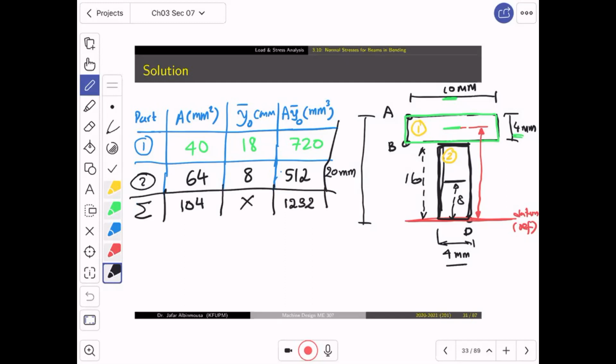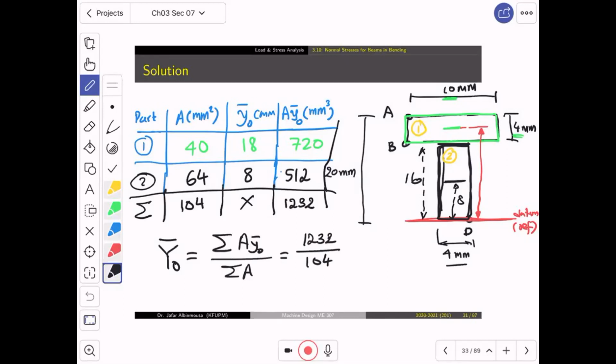So the real centroid, which we will call capital Y0, is the sum of A y0 divided by the sum of the area, which is 1,232 divided by 104.